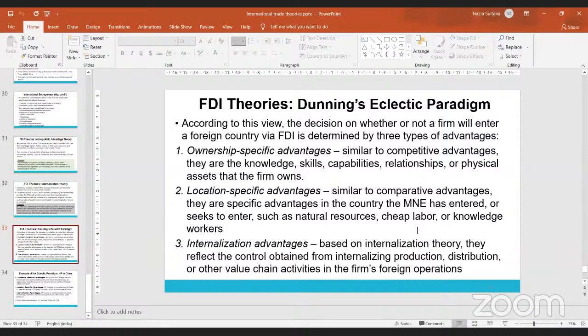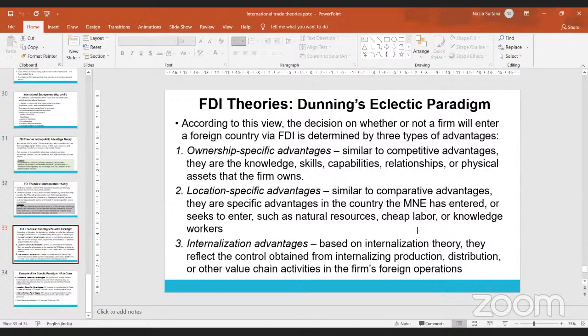Then, second will be location advantage: nearness to all types of endowment, natural resources, labor, knowledge workers. Then, advantage of internalizing, because your company and that company are different. So, how does the value chain of your company and that company get combined, or if not combined, at least go hand in hand?